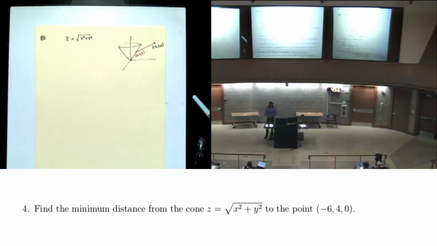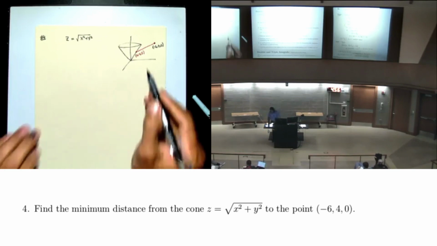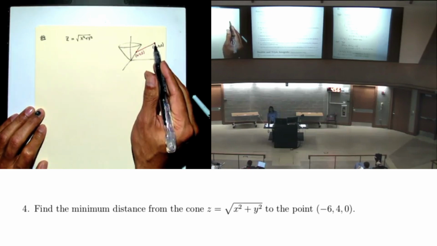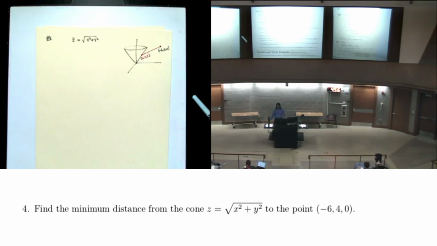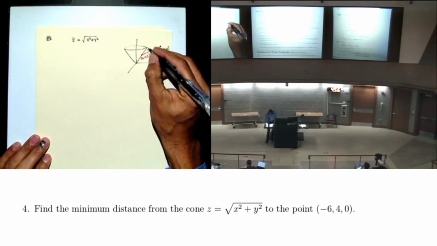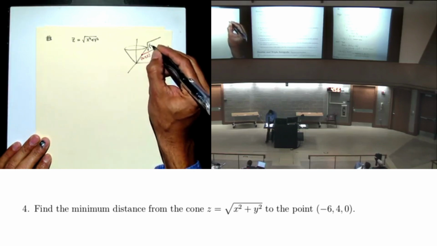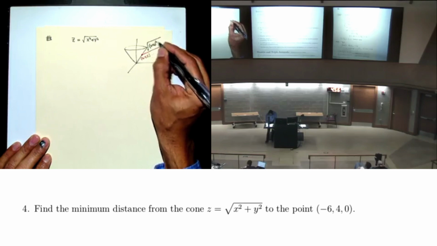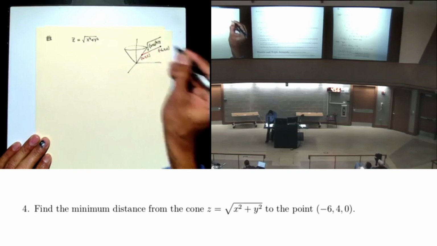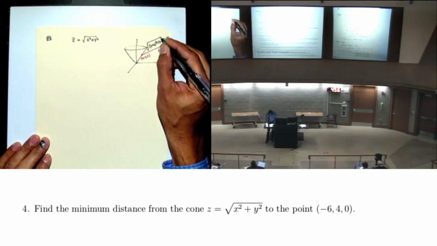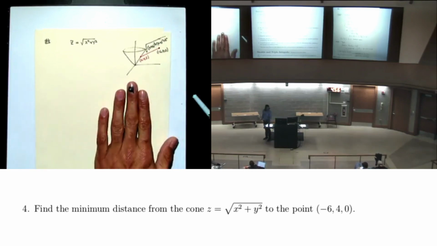And how are we going to do it? First, if you want to see which point is closest to this point, what has to be minimized? The distance. It means the shortest distance between these two. And what is the distance between these 2 points? By the distance formula, it is x plus 6 square, y minus 4 square, plus z square. This is the distance between 2 points.